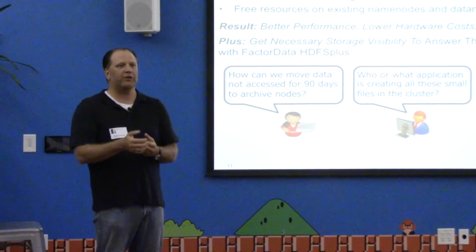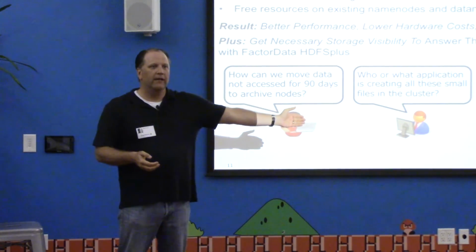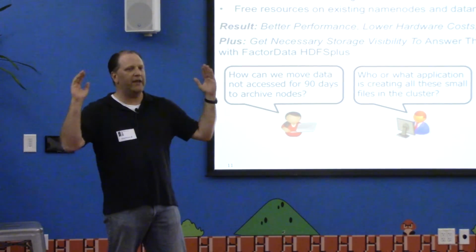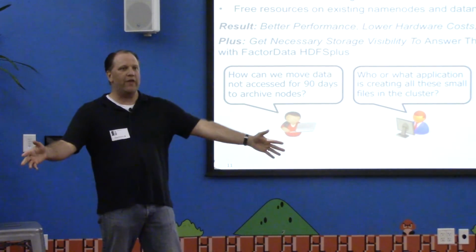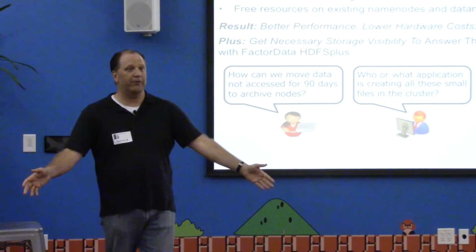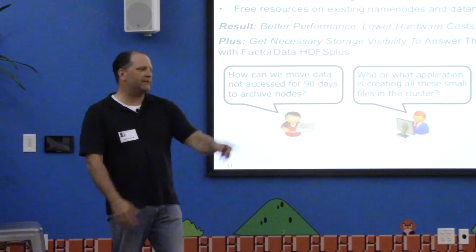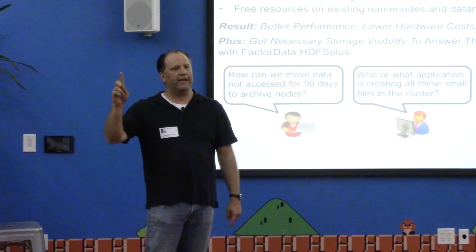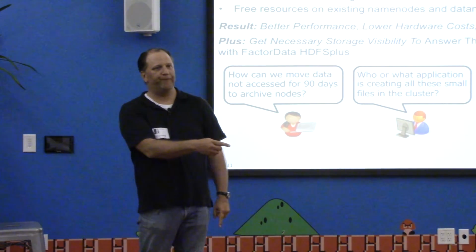So just like Balancer, if you assign a policy of 4 copies of the data, and you only had 3 before, what does Balancer do? The name node says, no, I'm supposed to have 4 copies of that file. Go ahead and do that. That's what Balancer's job is, right? Mover is exactly the same for storage policy. So if I say this storage policy now has archive, the next time Mover is executed, it will go ahead and read that policy and move it.